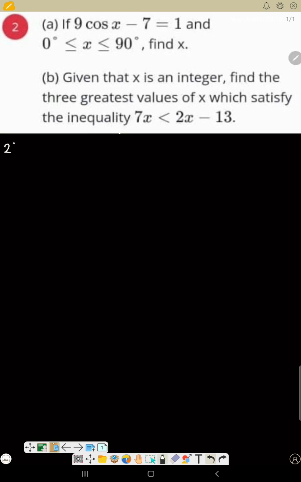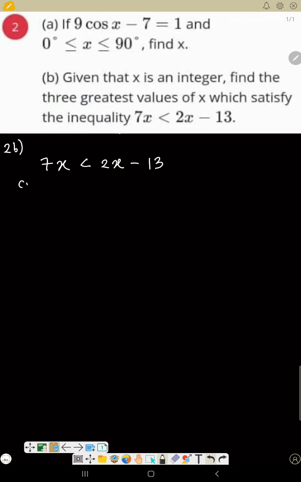So for the b, given that s is an integer, find the three greatest values of s which satisfy the inequality 7s is less than 2s minus 13.